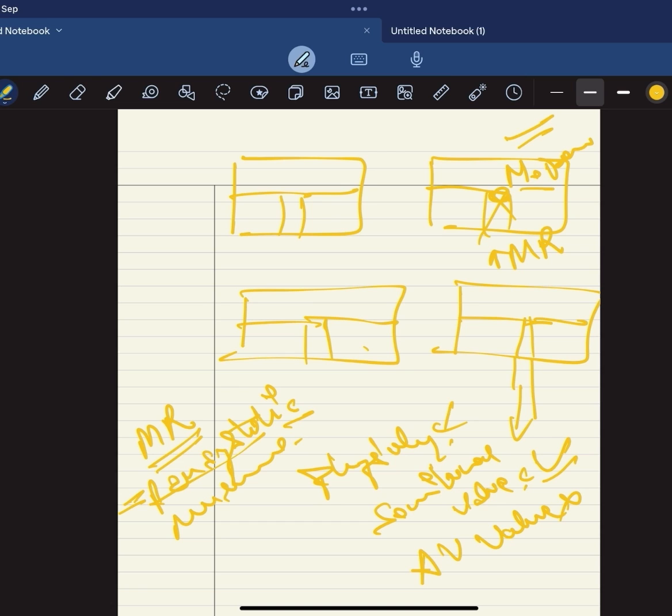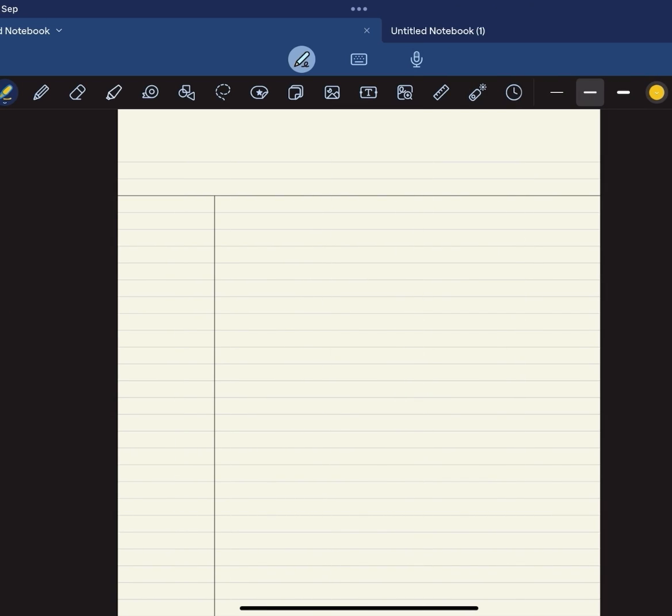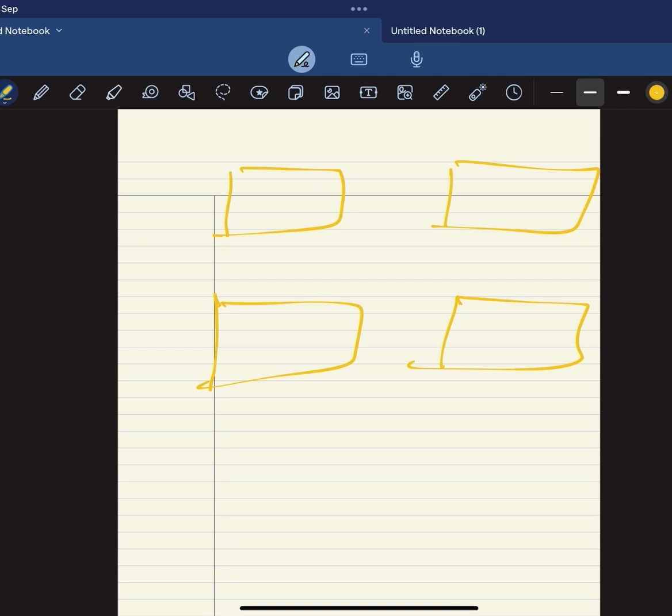Now, what happens during diastole? This was the systolic phase. If we take the analogy of these 4 gates, during the diastole, the ventricle receives blood. If the ventricle is receiving blood, it is the ventricular diastole.